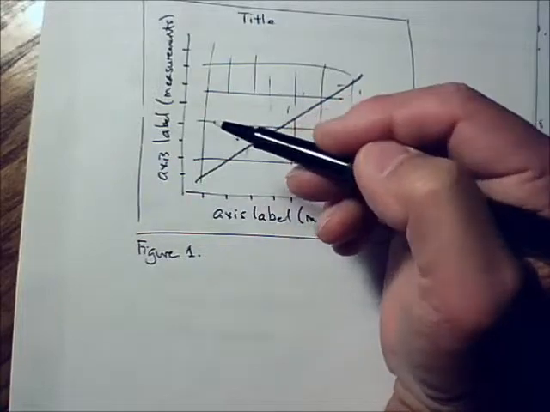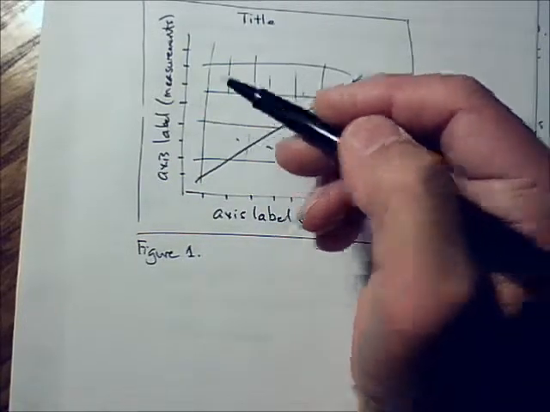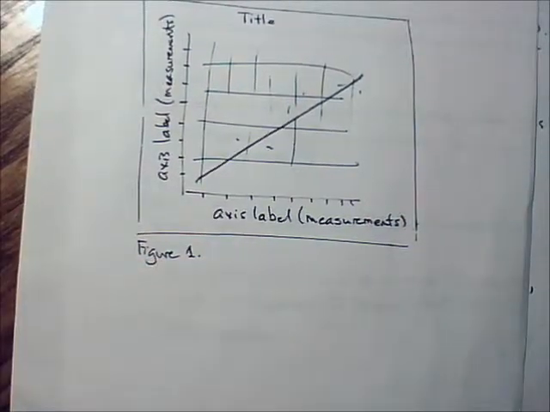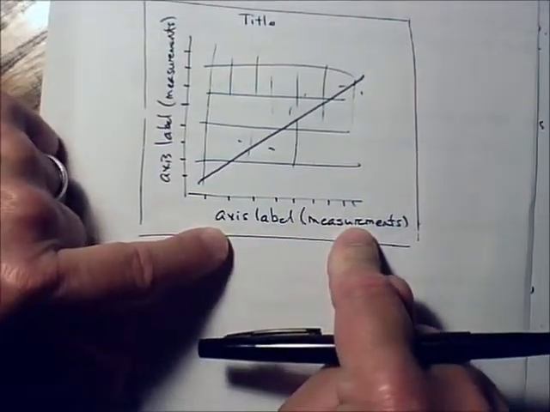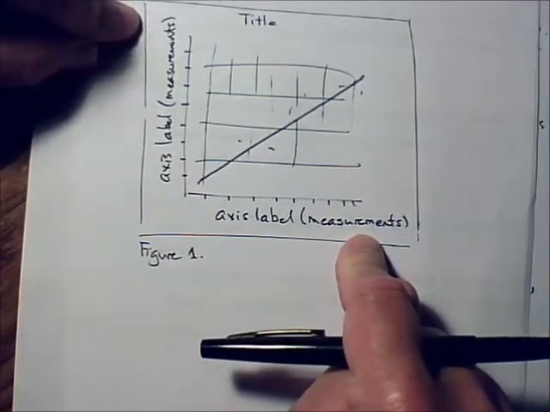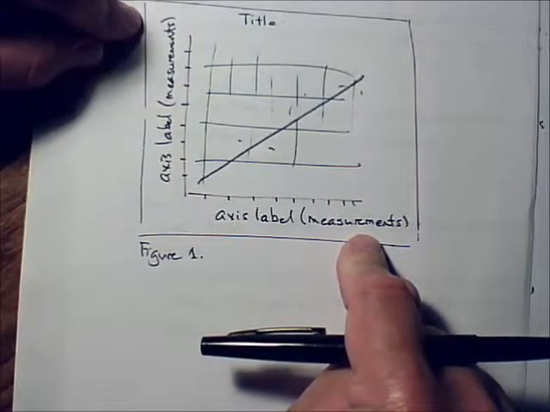That's called a direct relationship. So if it has this pattern right here, that's a direct relationship between however I describe the x-axis data, whatever I'm measuring down there, and whatever I measure on the y-axis. Does that make sense?